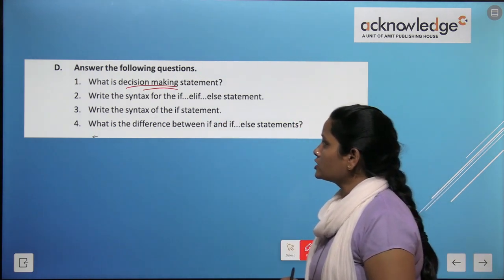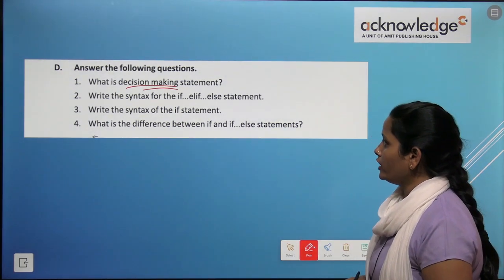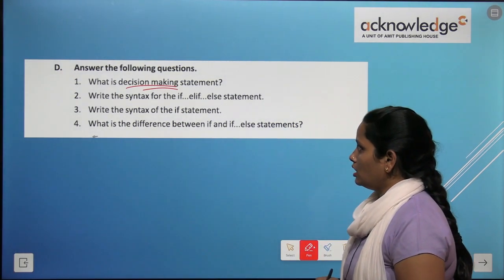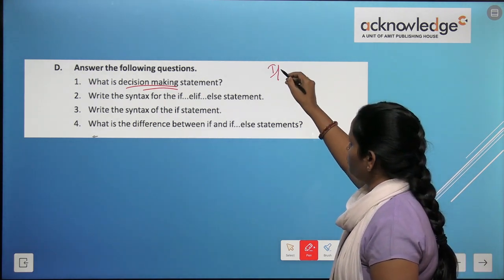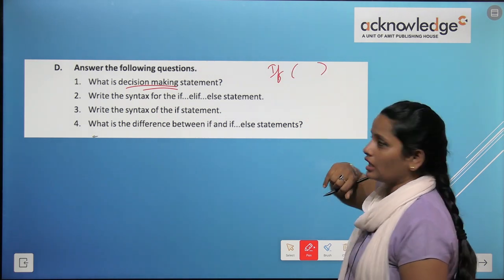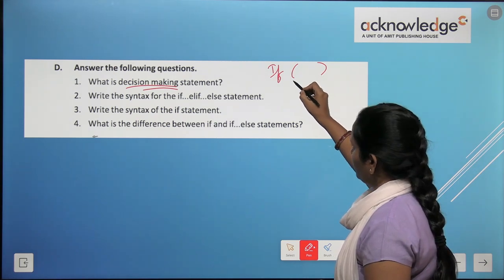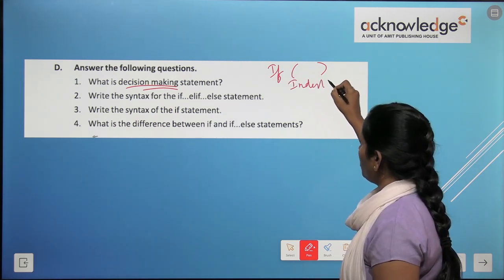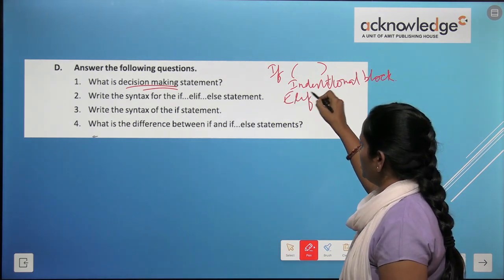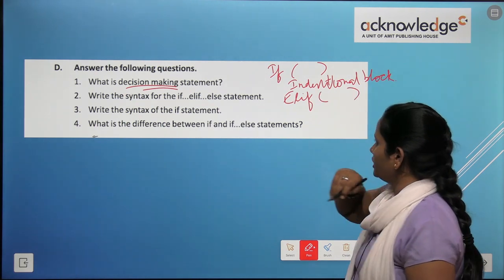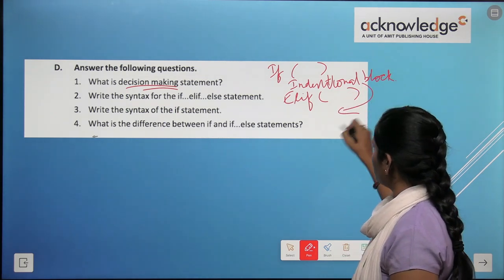Next, write the syntax for if-elif-else statement. So for writing the if-elif-else statement, the syntax is, I'm writing it here: if, then we write down the command here. Next is the conditional block we are going to run here. Next is elif, and again we write the command here. Again this block comes here.